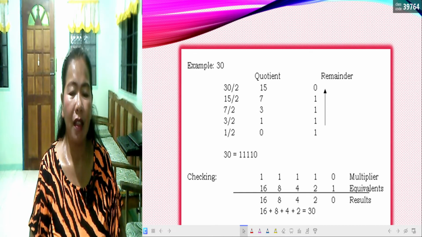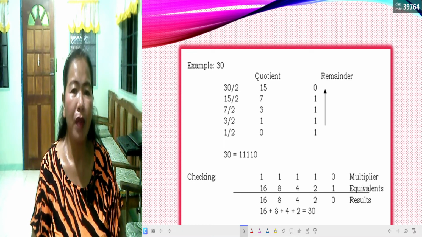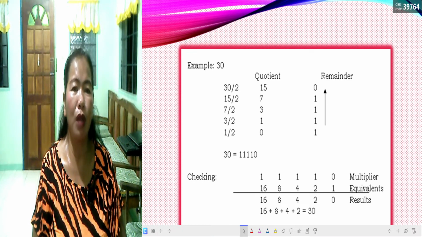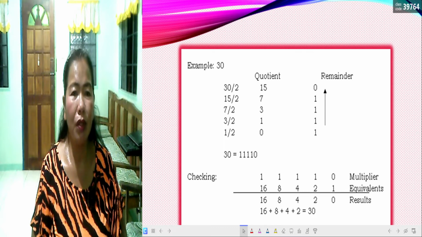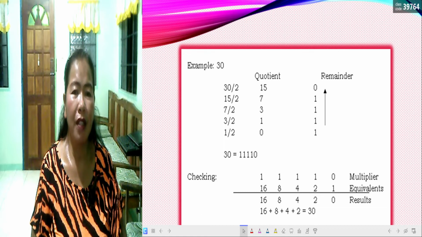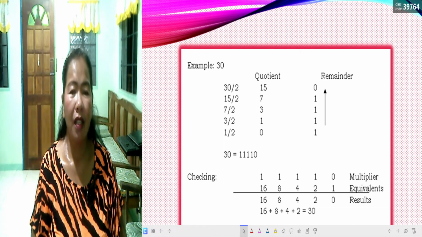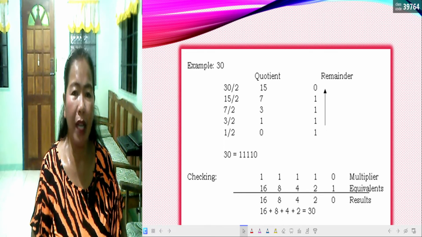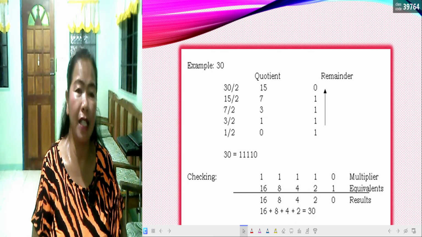So from the right, the first exponent is 2 to the power of 0, then 2 to the power of 1, 2 to the power of 2, 3, 4, and so on and so forth. So this time, those exponential forms are being evaluated, and that results to 1, 2, 4, 8, 16.